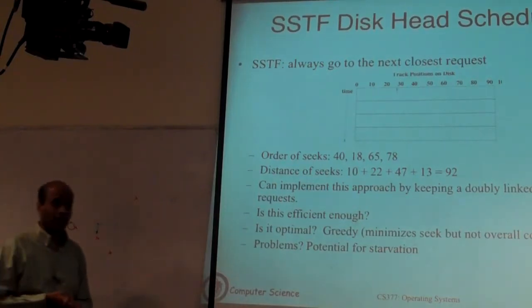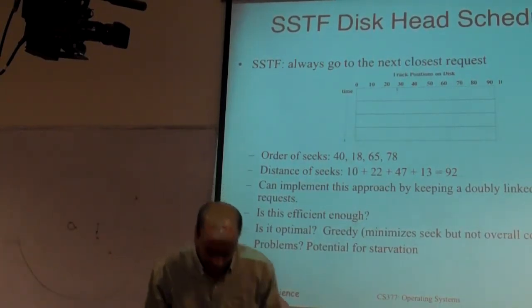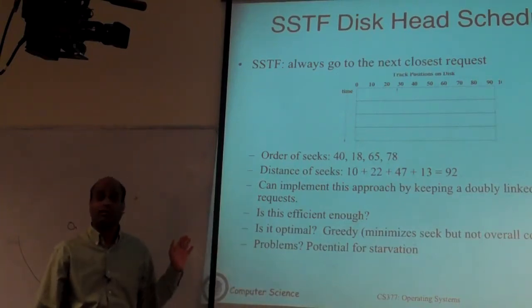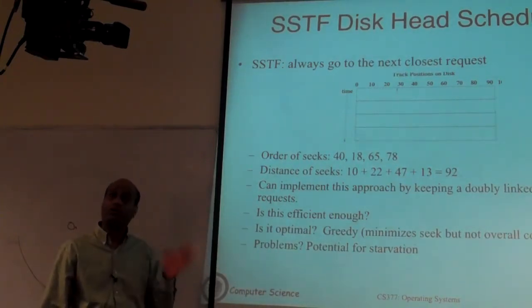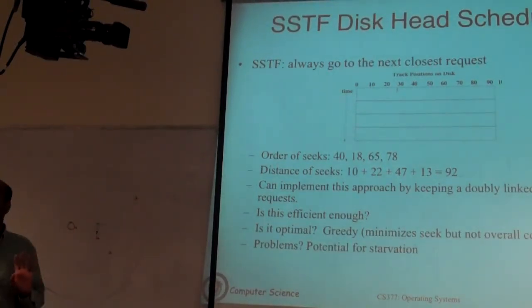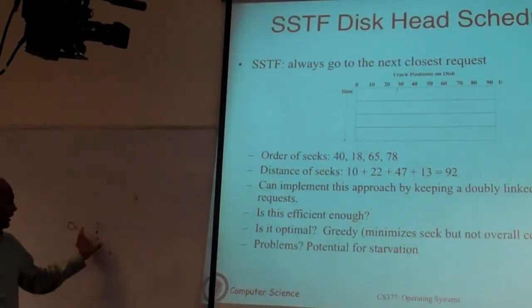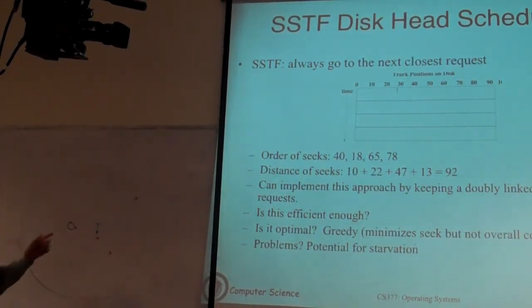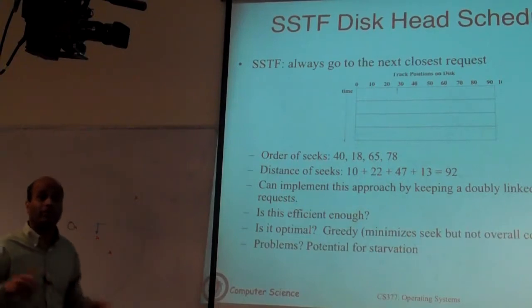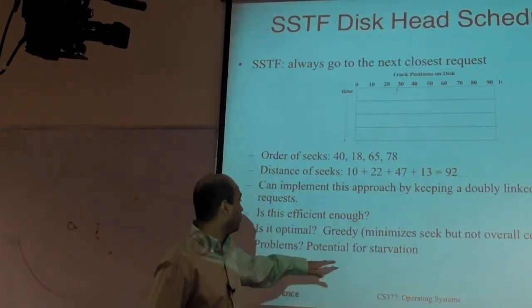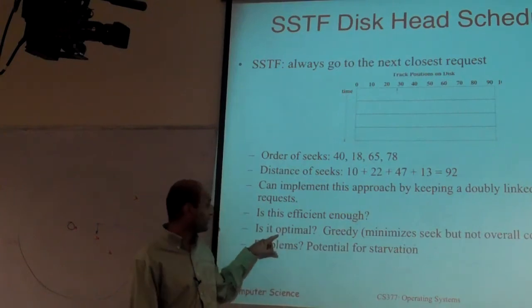As in any greedy algorithm, you will probably have problems if you're under heavy load and you get a steady sequence of requests that are close to wherever the disk head is currently positioned. On average, this tends to favor blocks in the middle, since they require shorter seeks than tracks that are further away. So there is obviously potential for starvation.